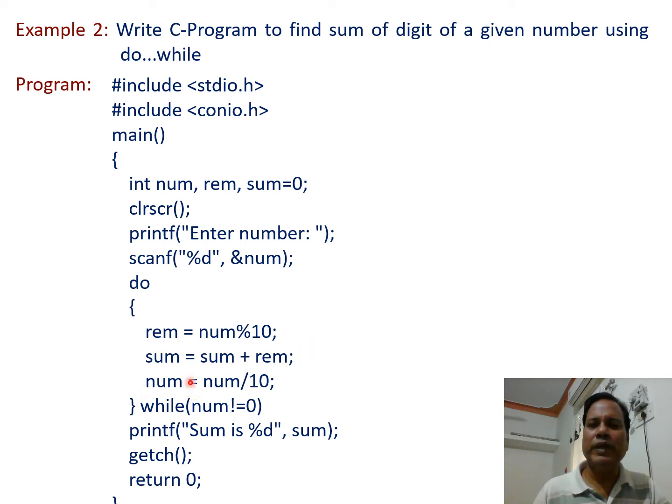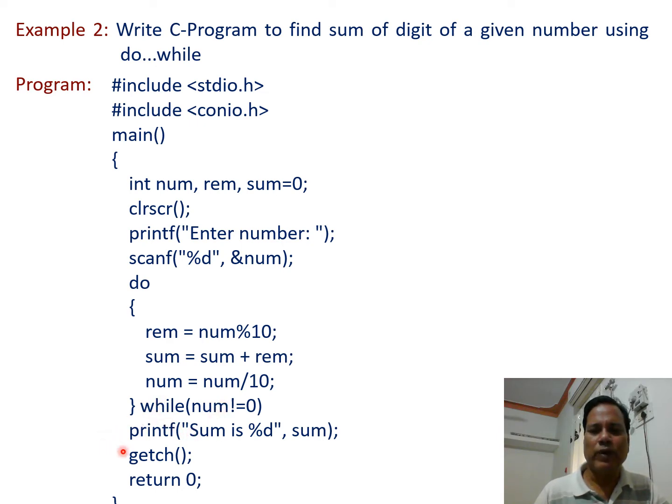So in this way we go on separating the last digits of the number one by one, and also getting the number and checking the obtained number with the condition. If it is not 0, then the process is repeated and the separated numbers get added. Once number becomes equal to 0, then the condition becomes false and control comes out of the do while loop.